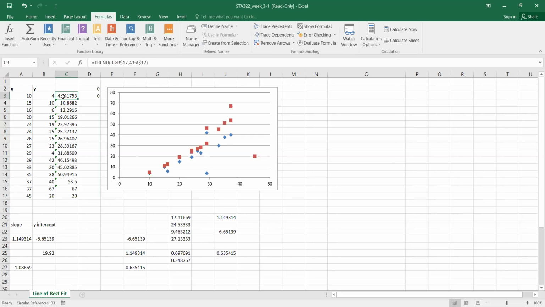But anyway, we figured the slope was 1.15, which is going to be about a 15-degree slope, which is, let's see, looks a little higher than that. It looks more like a 30% slope to me.